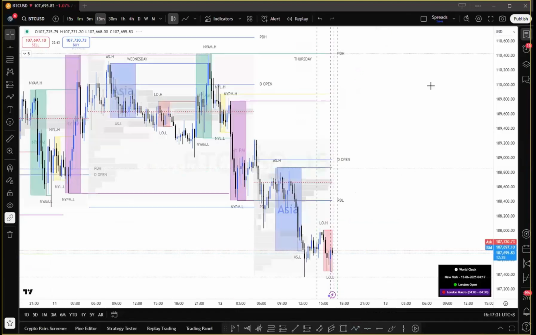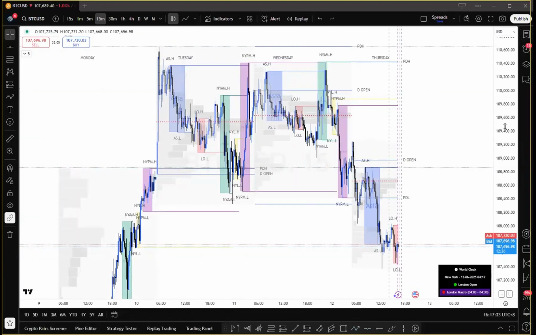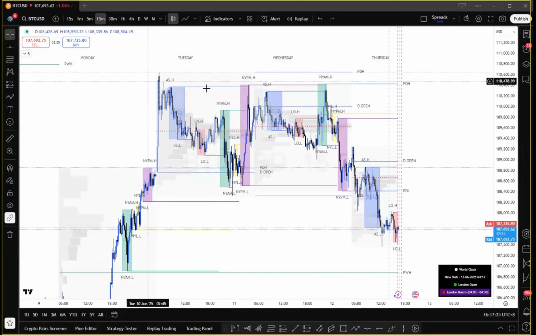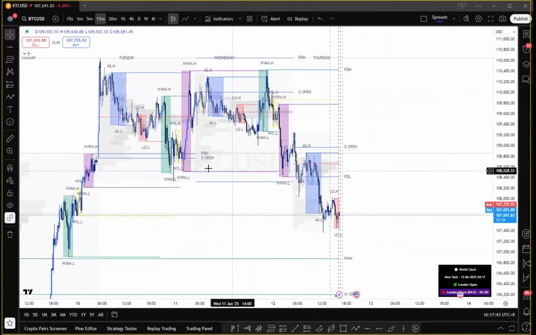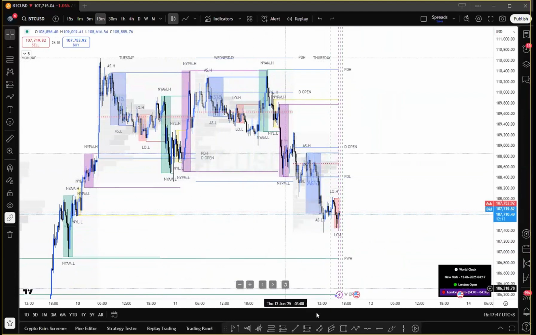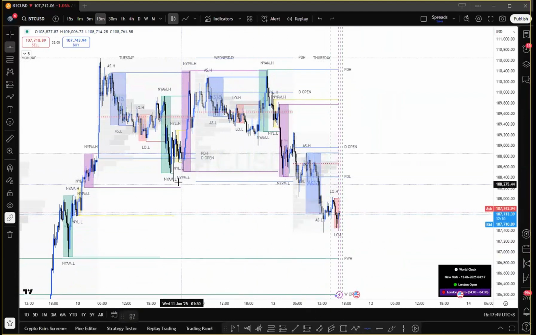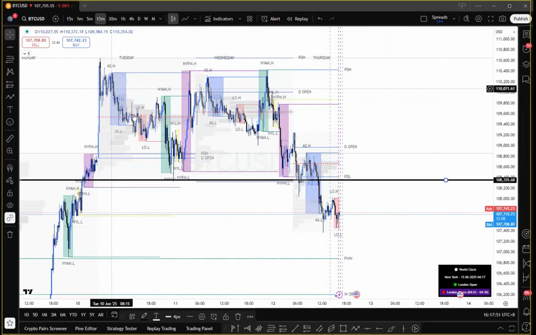Okay, let's take a look at Bitcoin. Quite disappointing, right? Resistance, resistance, resistance. Okay, downward move, downward move. So we want to see where was that level that broke this entire range here.